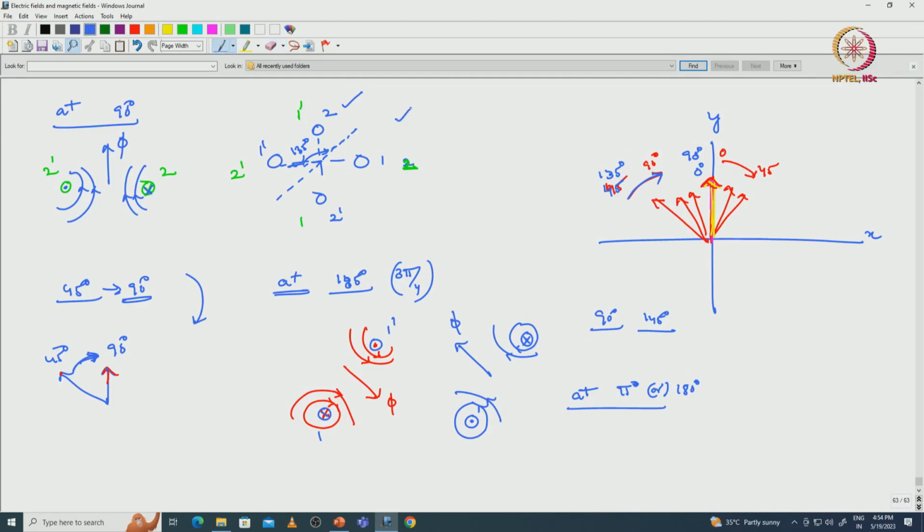This is the initial position 1 dash. So exactly reversed, this will be 1 and this will be 1 dash, and here this is 2 and this is 2 dash.